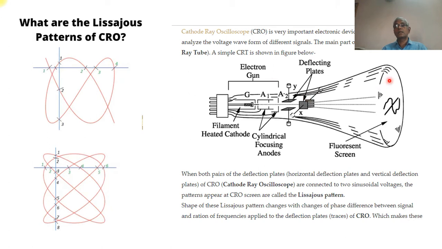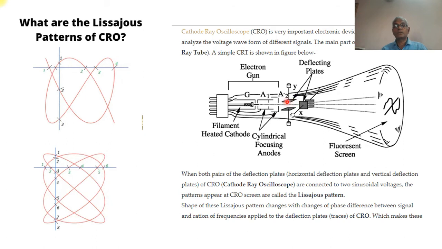The main part of the CRO is the CRT, the cathode ray tube, which comprises an evacuated glass flask, where this is the screen of the oscilloscope. An important part is the filament or heated cathode, and this part is called the electron gun, which comprises two anodes used for generating and focusing the electrons, so that a concentrated beam of electrons is produced with the help of these two anodes.